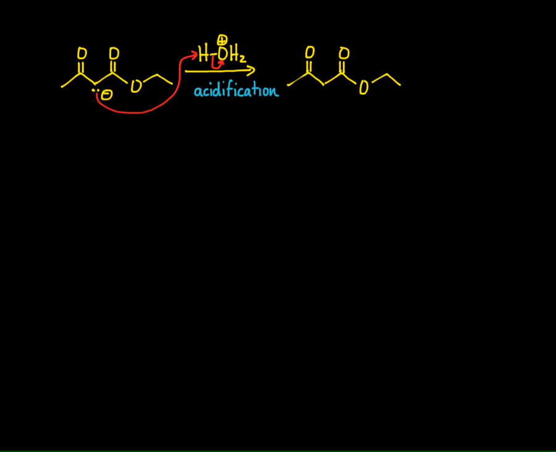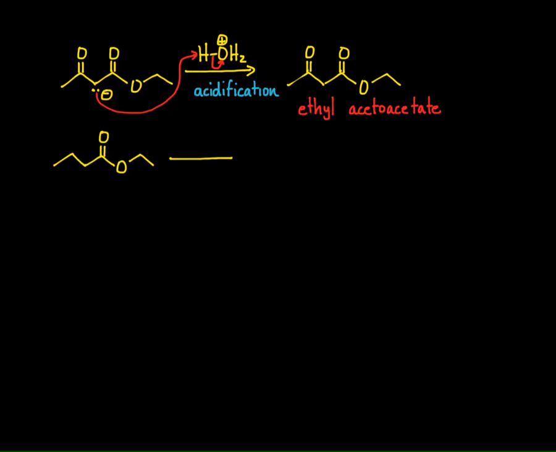And this structure is called ethyl acetoacetate, and this is how we make these acetoacetate compounds that we've already seen how to use, right? We've seen these types of structures in alkylation reactions. Well, now we know how to make them. You can make ethyl acetoacetate from ethyl acetate, simply treating it with sodium ethoxide.